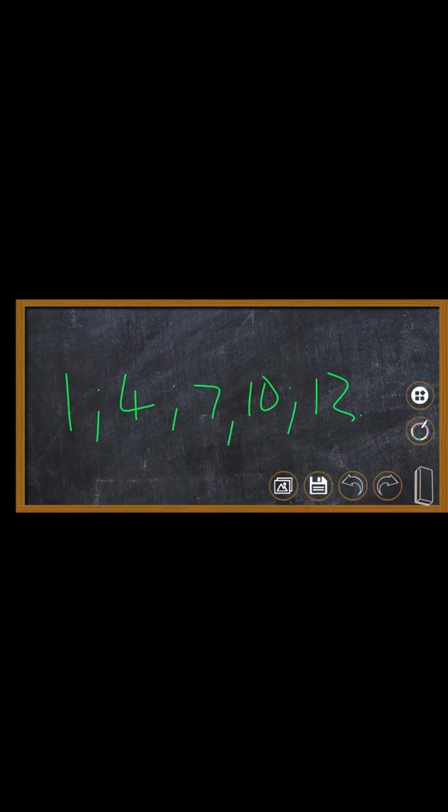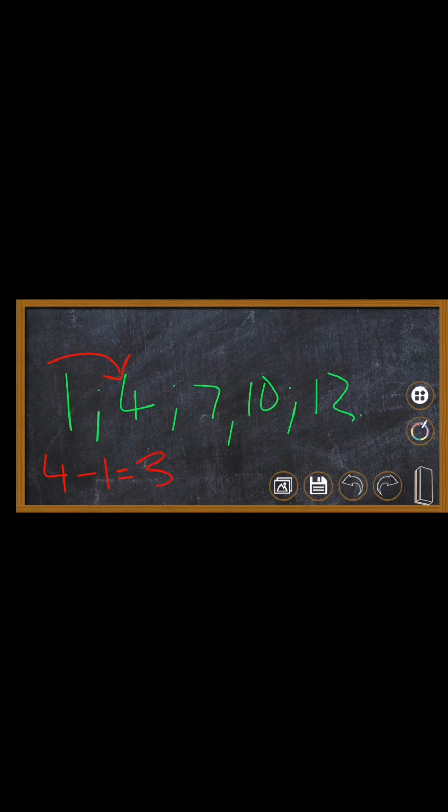We look at our first and second term. So this is our first term and our second term. And we ask ourselves, from the number 1, how did we get to 4? We say 4 minus 1, which is 3, right? So we take this, we minus the previous number, and you get that your answer is 3.